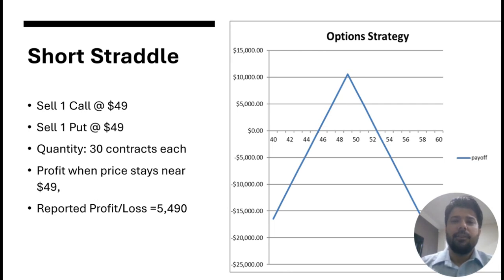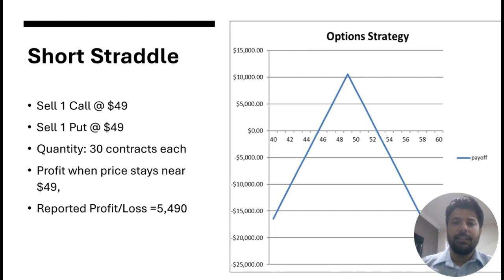Next we have the option strategy case, where we tested 4 different strategies in a simulation and recorded their performance. The first one is the short straddle. In this we sell a call and a put at the same strike price, which is $49, using 30 contracts each.